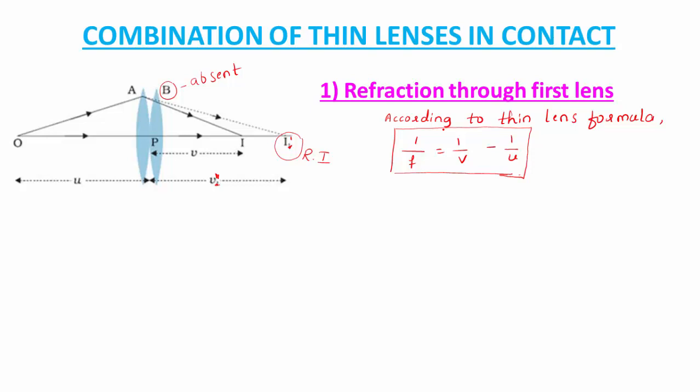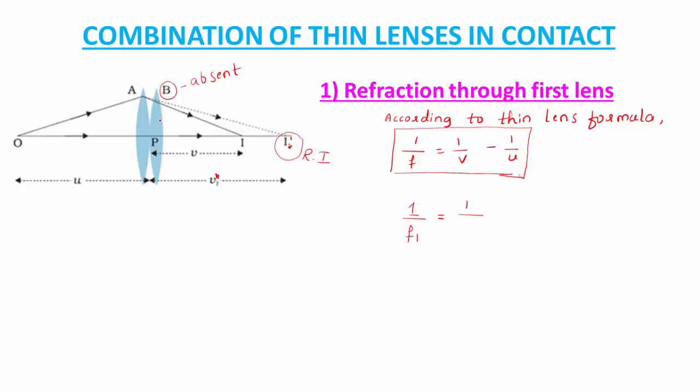Now let us substitute the values in this standard equation. Instead of 1 by F, I am going to write 1 divided by F1. Here it is the focal length, let us take it as F1. So I am going to write 1 by F1 for the first case is equal to 1 divided by V, which indicates image distance.